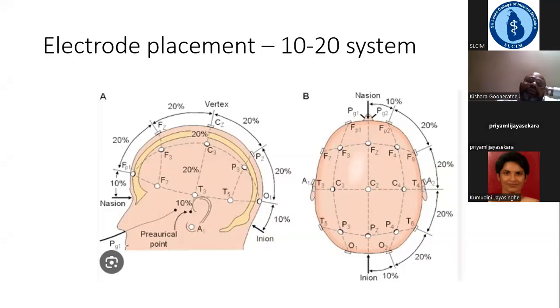That is the main advantage of having a digital EEG. So that is electrode placement, and it's a standard. Each EEG technician would measure the distance between the nasion and the inion, divide it into these subsegments, and place the electrodes in the appropriate place.